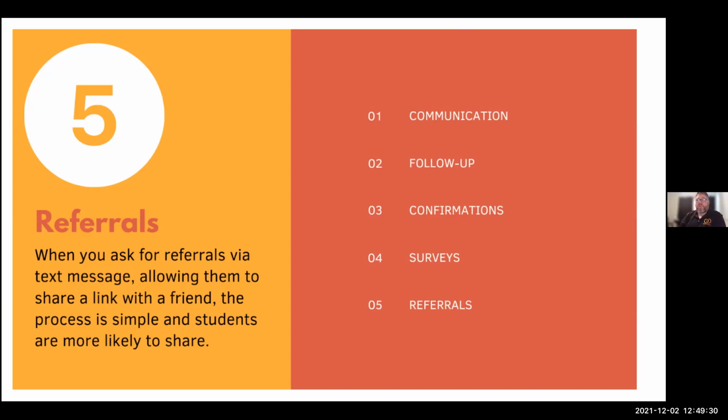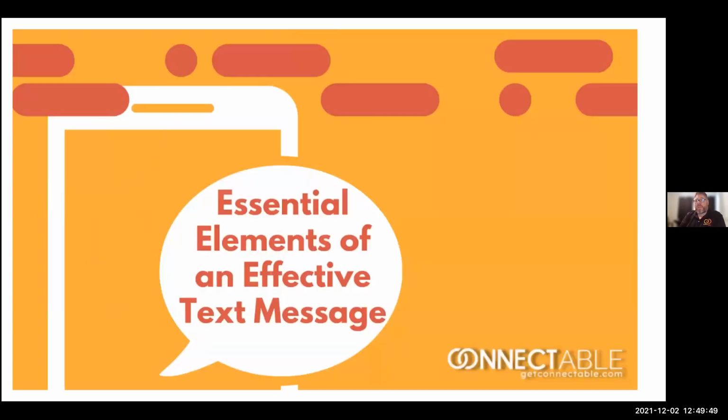So it's a great way to do that mechanism as well. So there's 5 things: communication, doing follow-up, asking for confirmations, asking survey questions, and generating referrals are 5 ways that we've been able to make use of text messaging as a tool for adult ed.